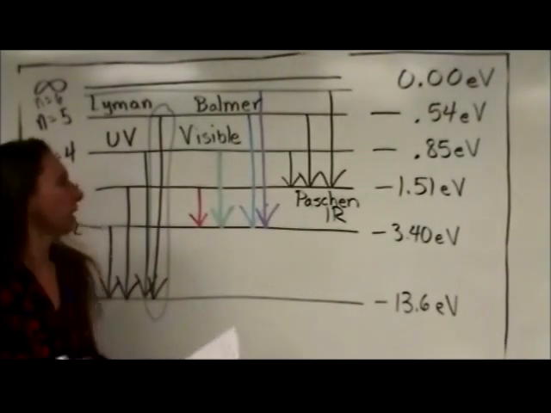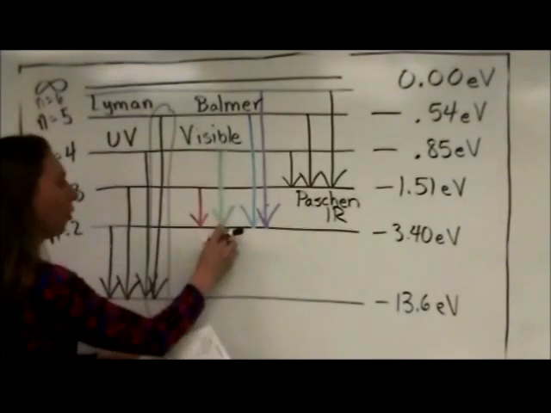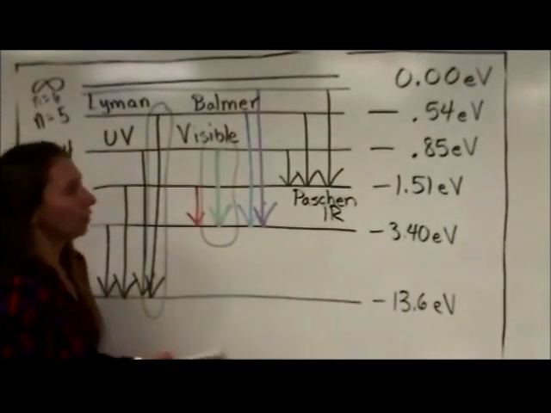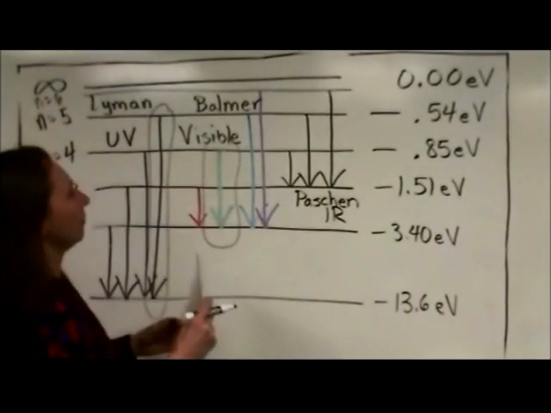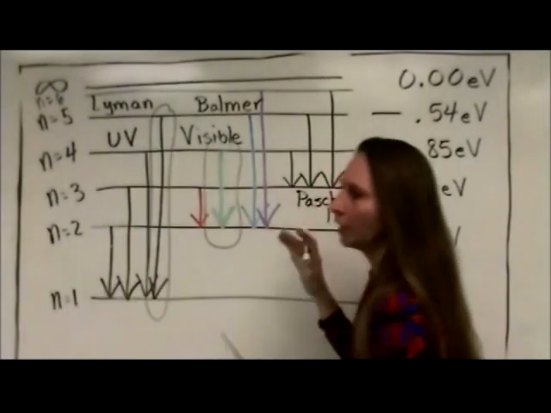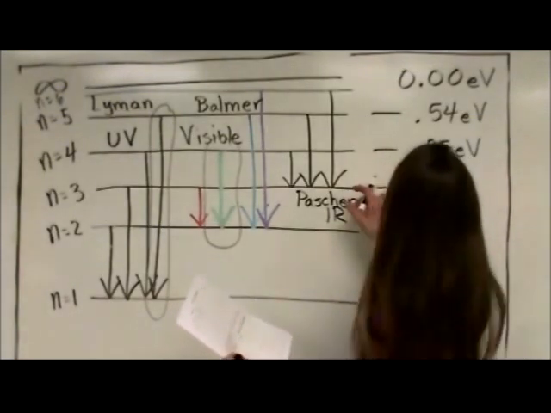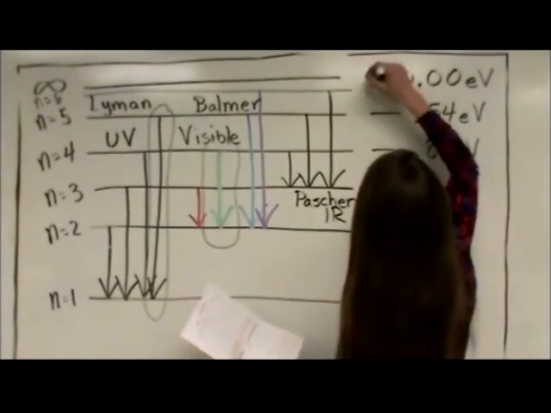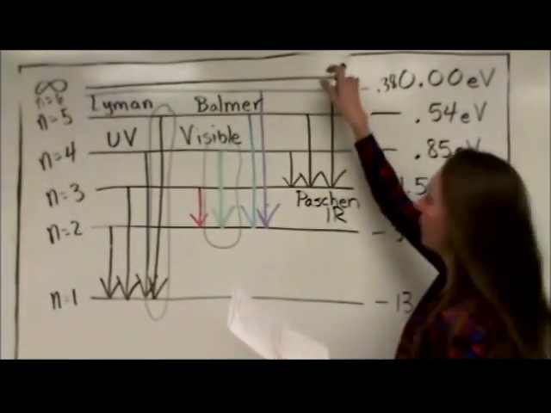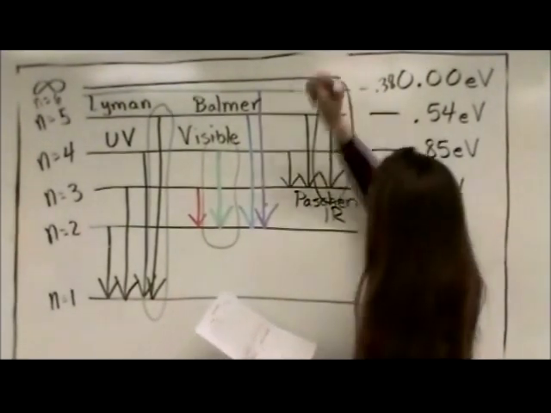For the visible light, I'd like to do from n equals 4 to n equals 2. It should come out green. And for the infrared, I'd like to do n equals 6, which is negative 0.38, falling down to n equals 3, which is negative 1.51, so right there.